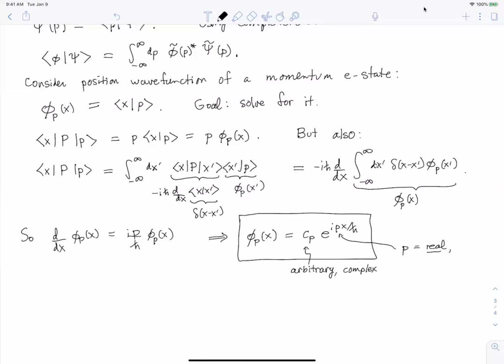And we can't have that. Then p wouldn't be a Hermitian operator, we said. And so it's real so that phi p of x doesn't blow up as x goes to plus or minus infinity.